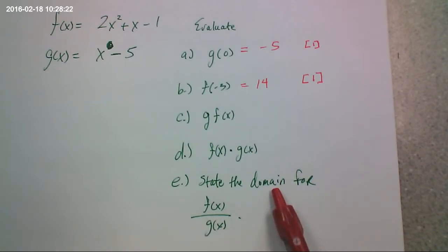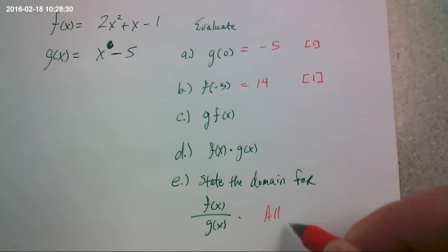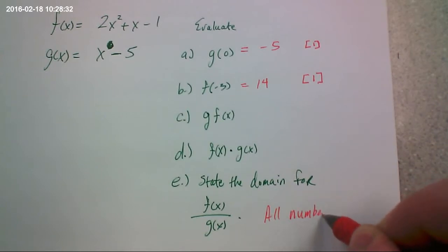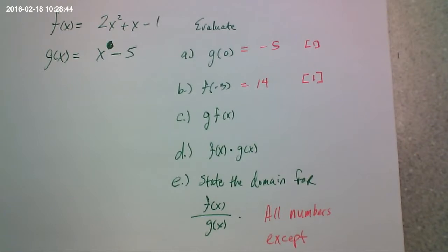All you have to do is figure out what would make the denominator equal to 0, and that's the number that's not in the domain. So it's going to be all numbers except what? Five.